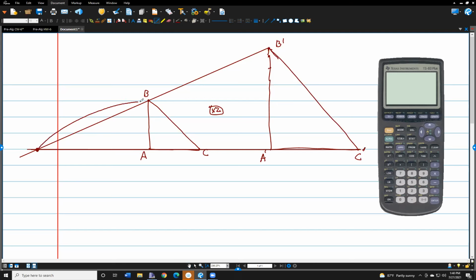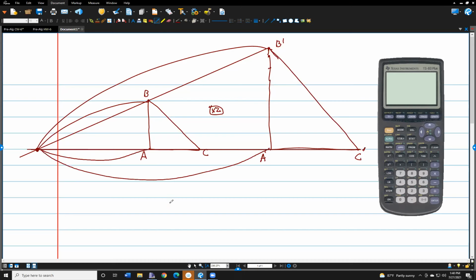So you can see over here, this is 1, this is twice. This is 1, this is twice. This is 1, this is twice. Okay? Yeah, that is the center. Everybody can understand? All right, very good.